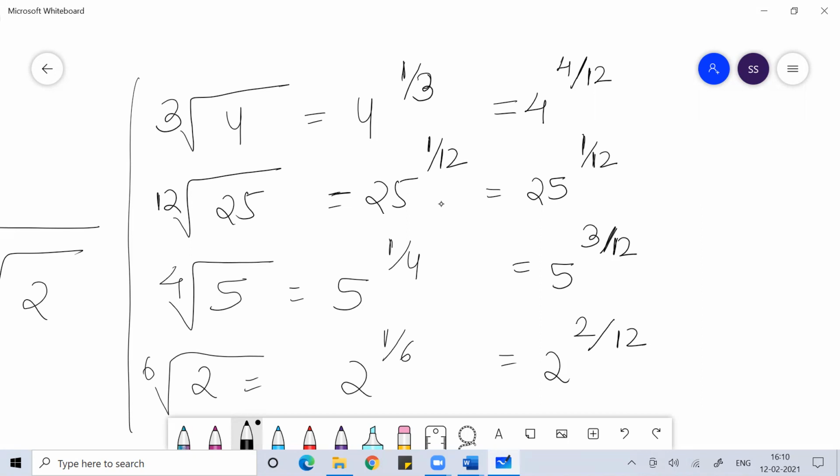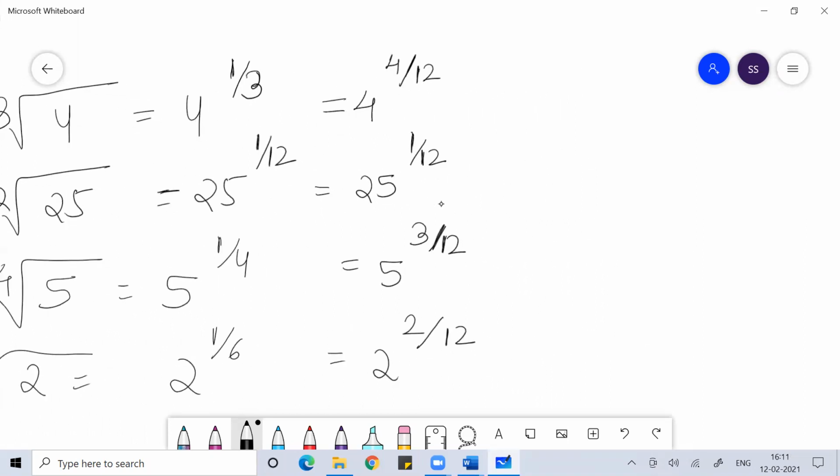Then you can analyze which one is bigger and which one is smaller, because here the question is to determine the sequence. So base I cannot make equal here, so let's try to make the power equal.